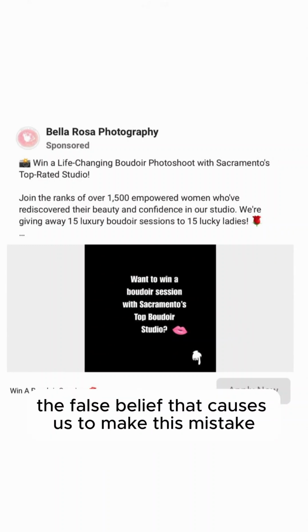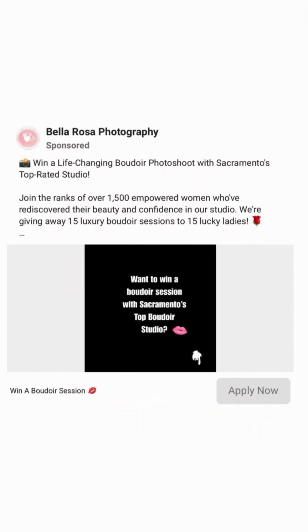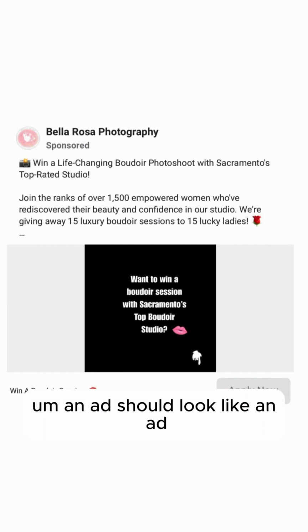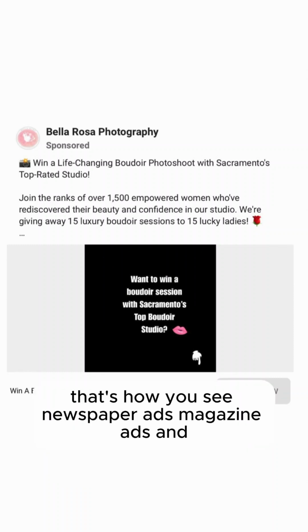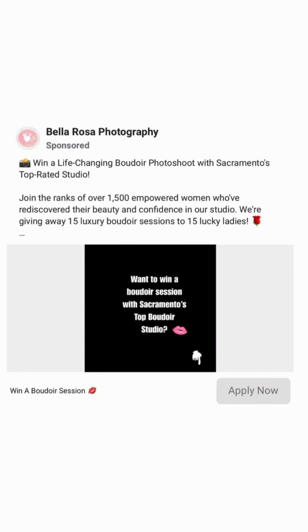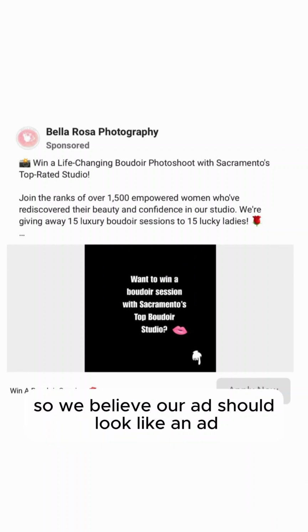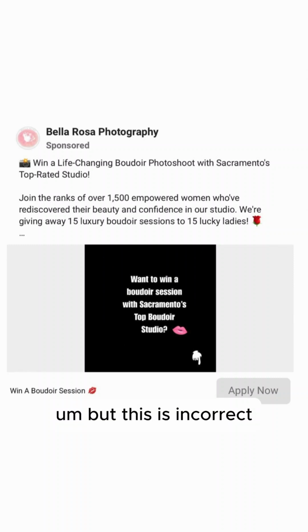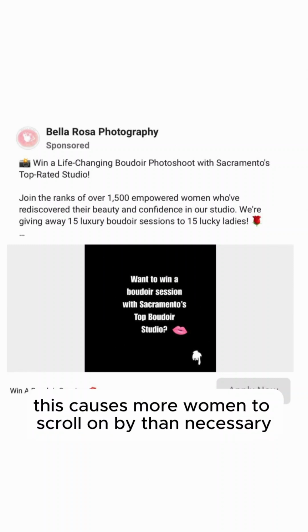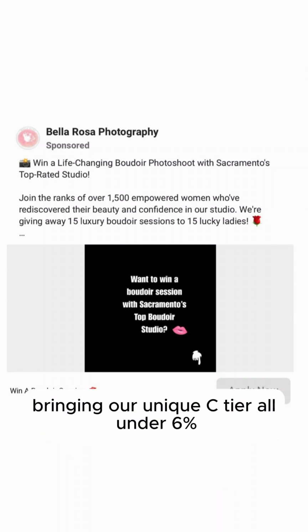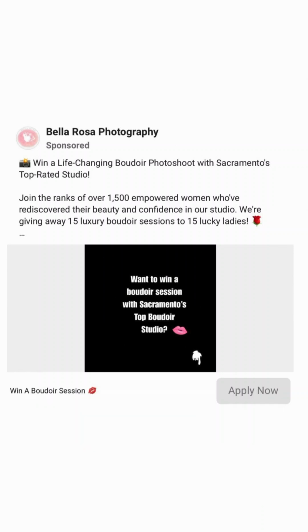So the false belief that caused us to make this mistake is that we actually believe an ad should look like an ad, because that's how we've seen newspaper ads, magazine ads, TV ads, other ads on Facebook, other boudoir ads on Facebook. So we believe our ad should look like an ad. But this is incorrect. This causes more women to scroll on by than necessary, bringing our unique CTRL under 6%.